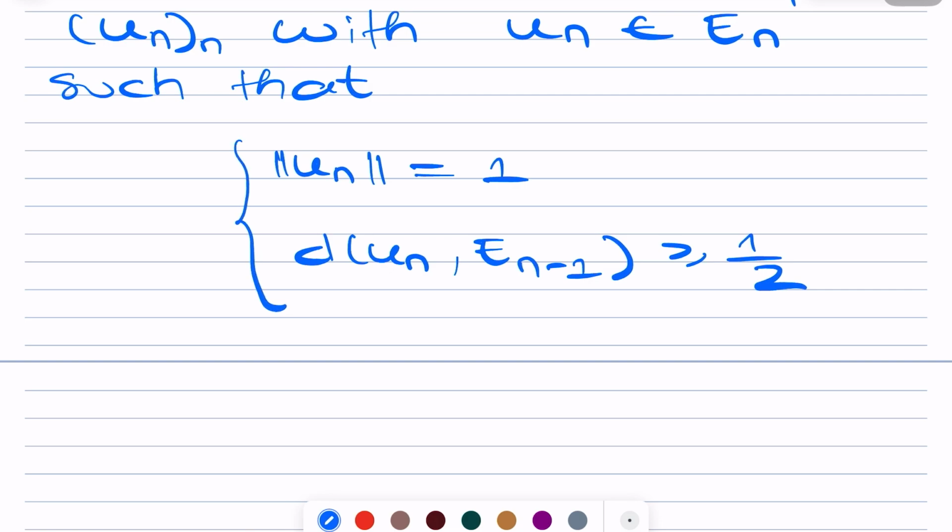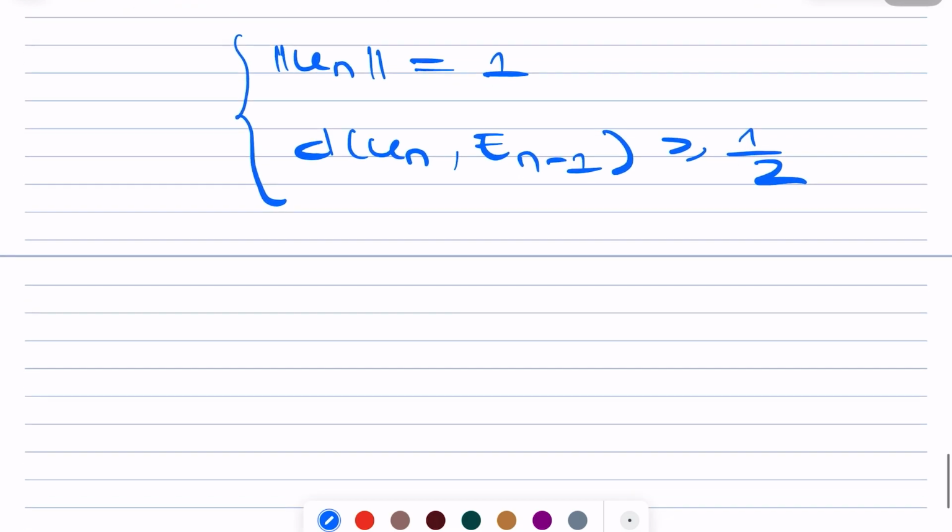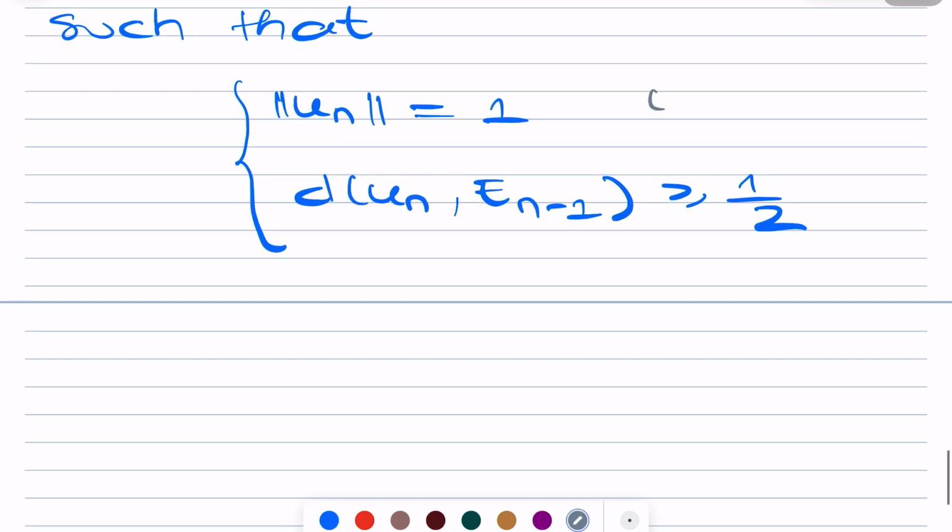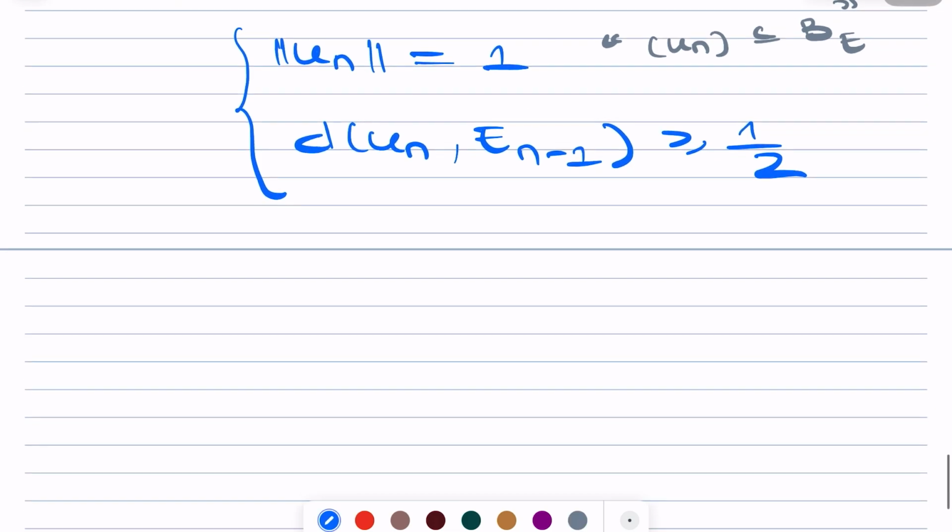So observe that this implies that this is a sequence of elements of the closed unit ball.